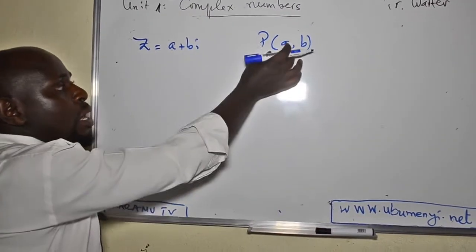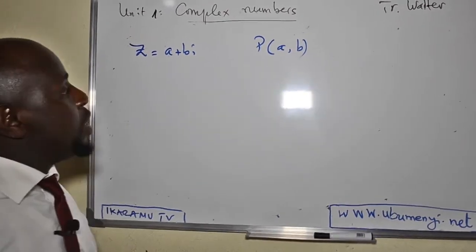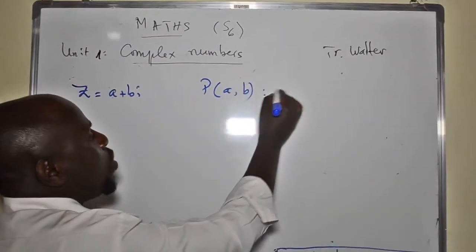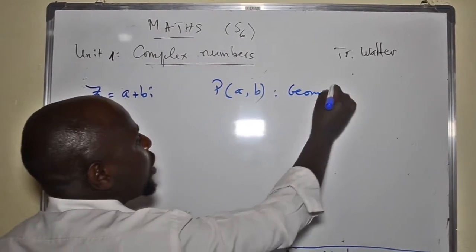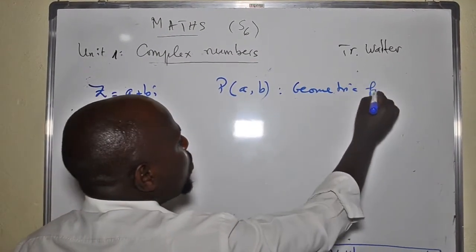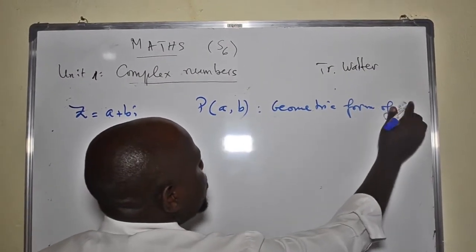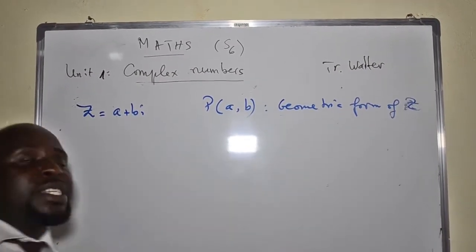This point (a, b) is the geometrical representation. We call this the geometric form of the complex number z.